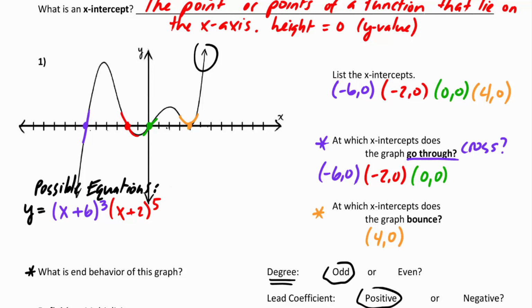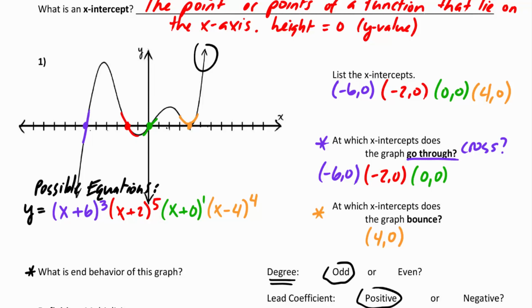After that factor, these are all factors, I have just x plus 0 raised to the first. And then I finish this whole thing off with x minus 4 raised to the fourth power. That is one possible equation that would make this crossing, crossing, crossing, bouncing pattern.